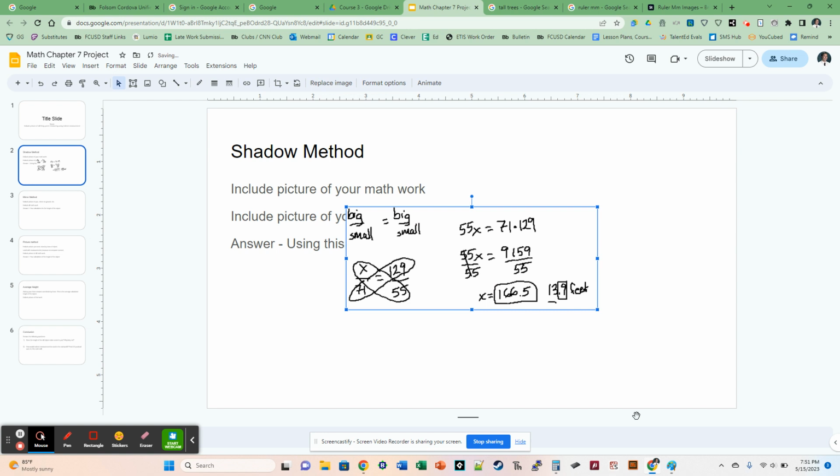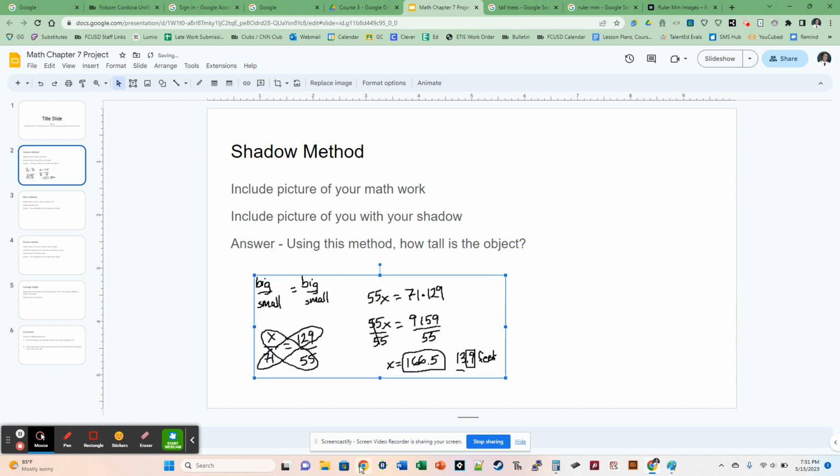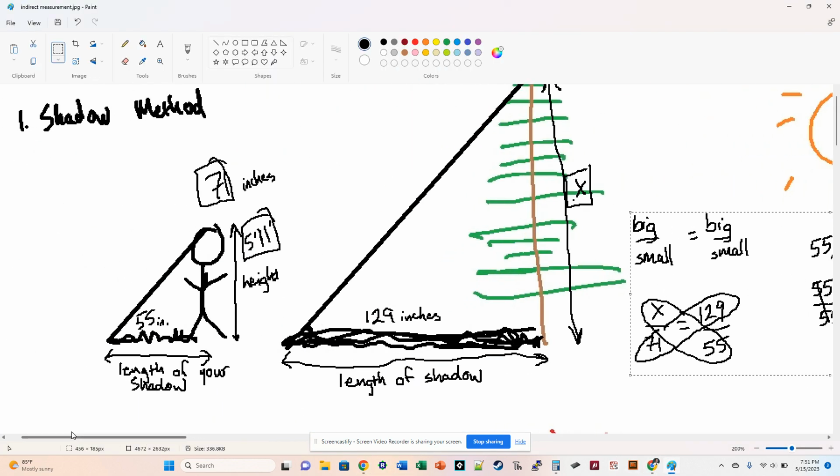There it is. This way, when you're graded, I'm really going to grade you on how well you did with the math. Did you show your steps here? Did you arrive at the correct answer in inches? And you should probably convert it to feet just so you understand what we're talking about here. Also, if you can, include the picture that you made of you and your shadow next to the object.